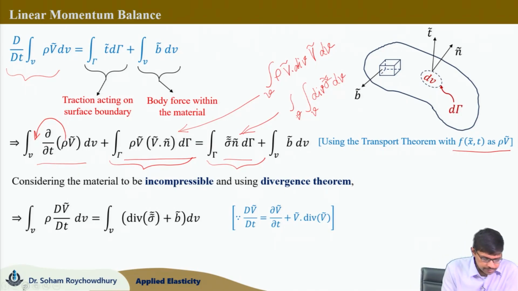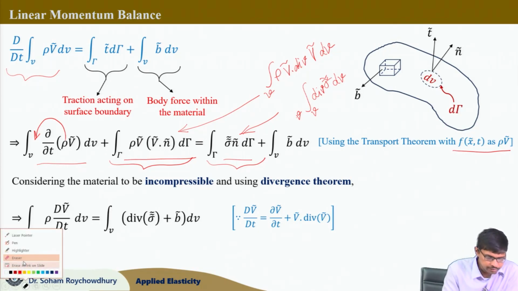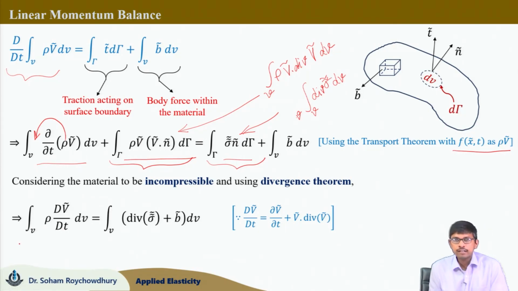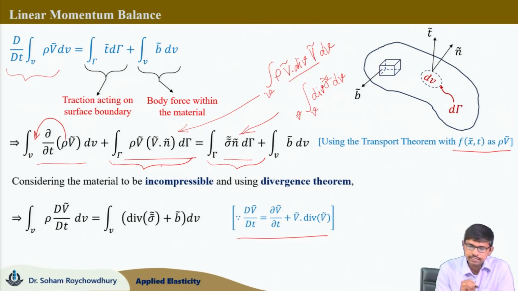So, with this, if you are substituting both of them in the final equation and then use the definition of the material total time derivative dV dt as del v del t plus v times divergence of v. So, the v times divergence of v terms come from this, and this del v del t term is already there in the first term.